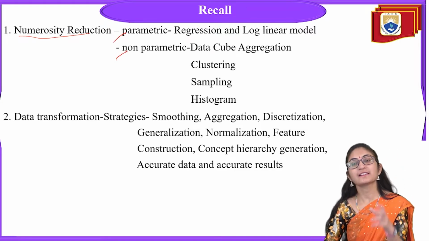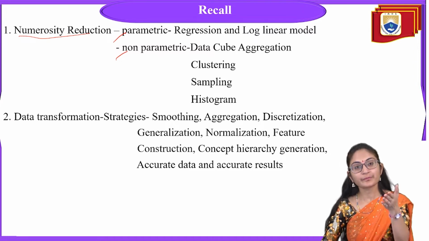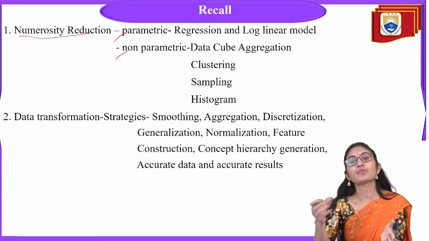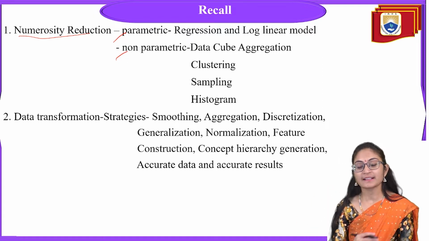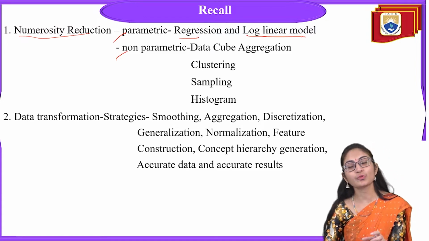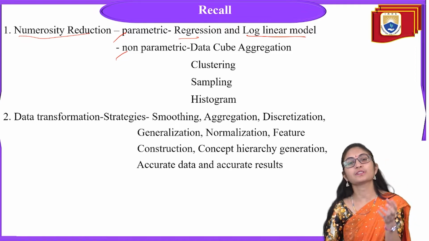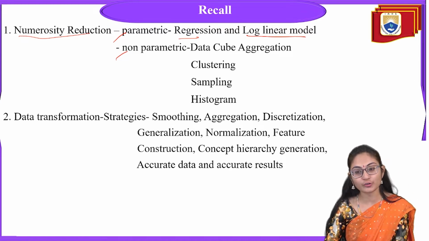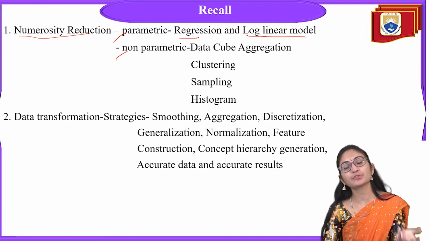In parametric methods, we focus only on parameters, where we want to fit our data, and they contain only models like the regression model and the log linear model. In the regression model, we use some equations with attributes like input and output.